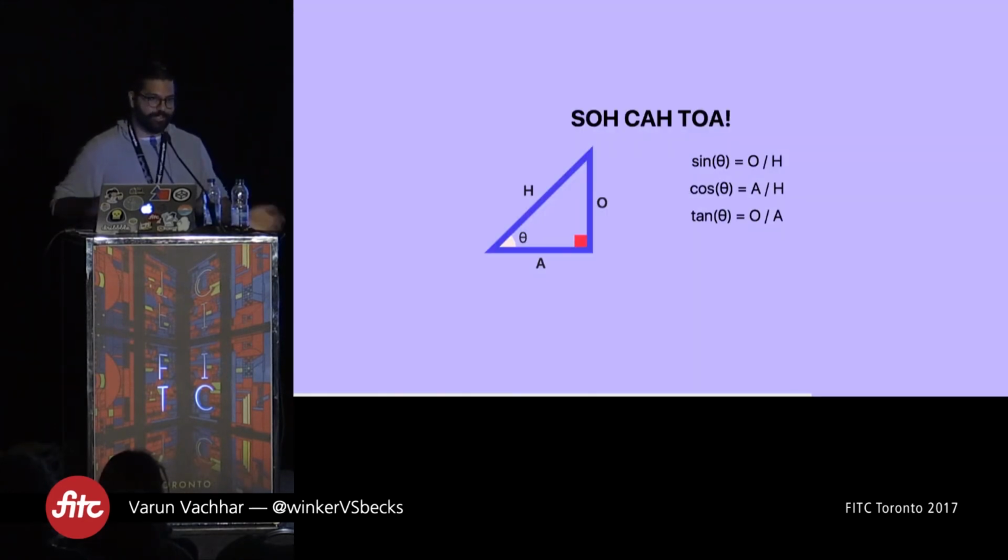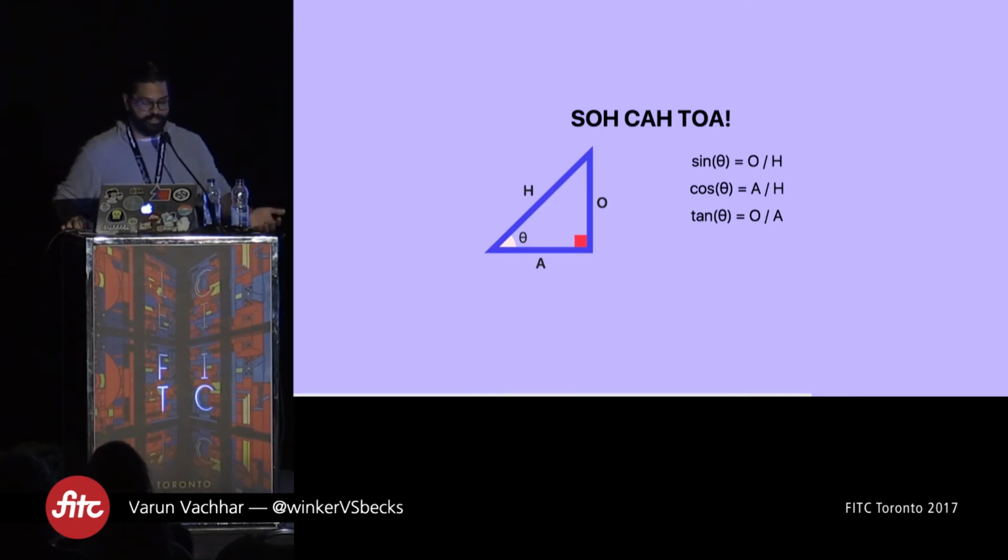Well, for that, we need to go back to high school for a bit. You might remember this mnemonic device of SOHCAHTOA. Well, that's exactly what we're going to use here to figure out those angles or the missing information. So we have these three formulas, which you tend to use quite a lot to solve triangles.